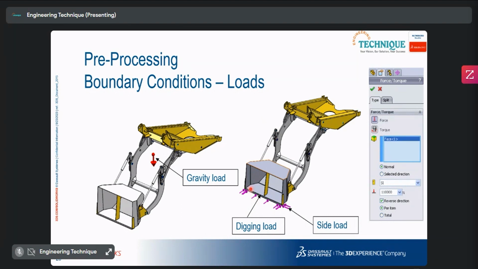You can define it as per the actual scenario. And the side load is applied here. You can apply loads in terms of forces, torques, pressure, and various other types. We are going to see in the demonstration how many types of load you can use, and we need to provide the magnitude of that load.